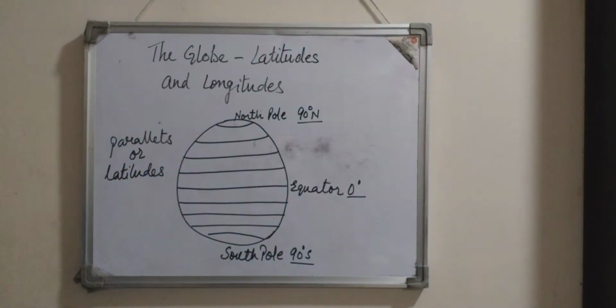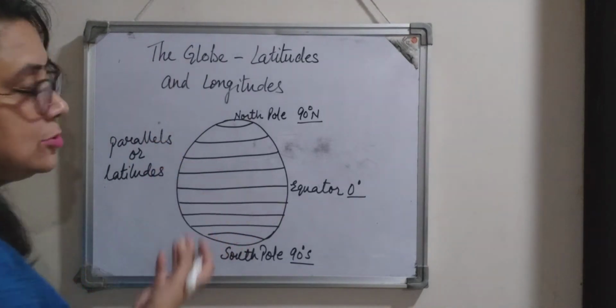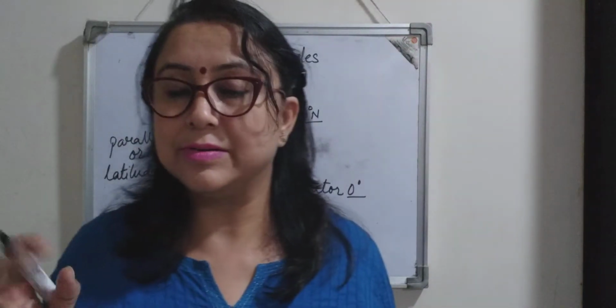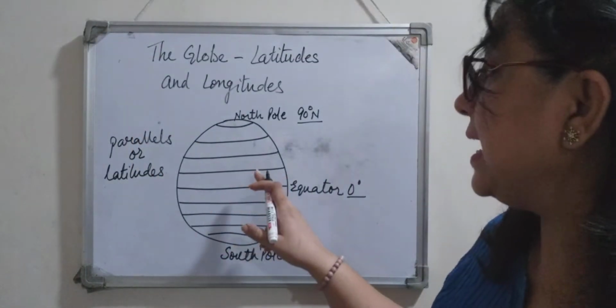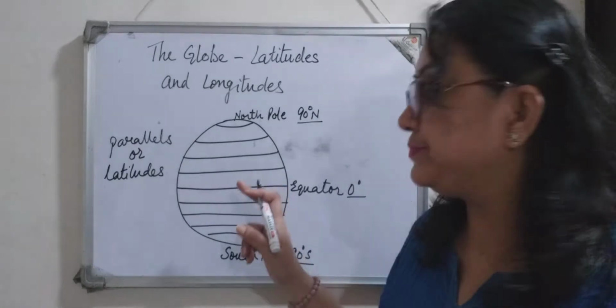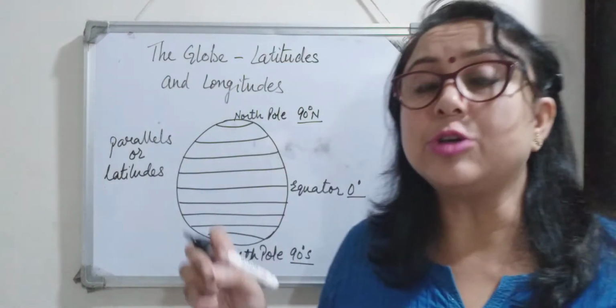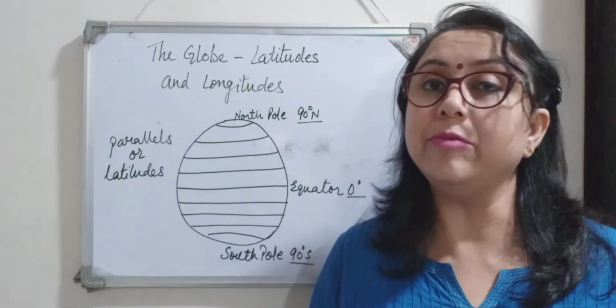So latitudes or parallels are the imaginary lines which run from east to west or west to east, right? And they are at a distance of 1 degree from each other.